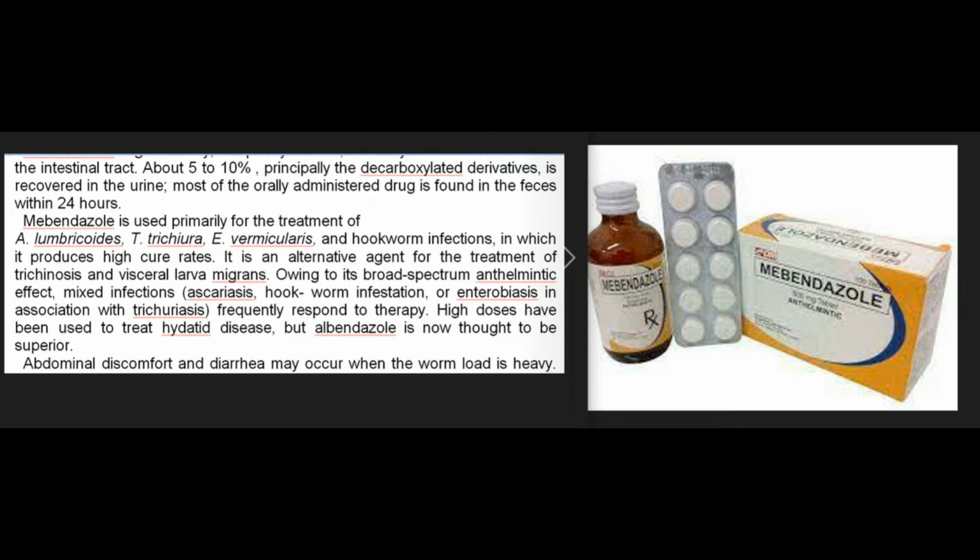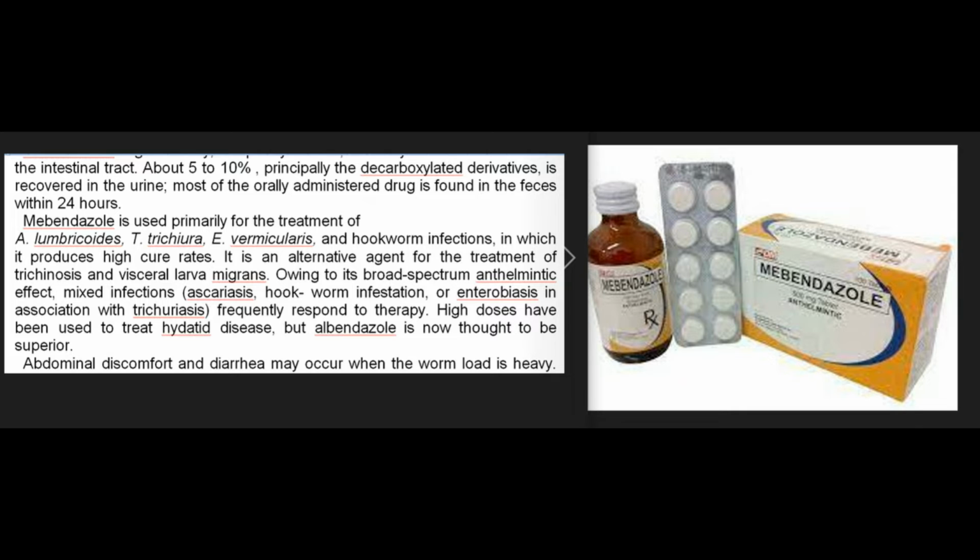Mebendazole is used primarily for the treatment of A. lumbricoides, T. trichiura, E. vermicularis, and hookworm infections, in which it produces high cure rates. It is an alternative agent for the treatment of trichinosis and visceral larva migrans.